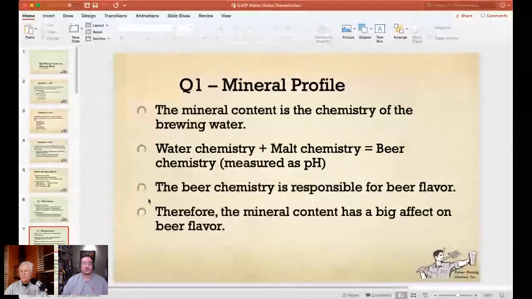That statement is how you should be able to think about water and beer. It's water plus your malts equals your beer chemistry, which we measure as pH. Beer chemistry is responsible for beer flavor. And beer chemistry not only encompasses the pH, but also the mineral content of the beer: the calcium, magnesium, alkalinity, sodium, chloride, sulfate.